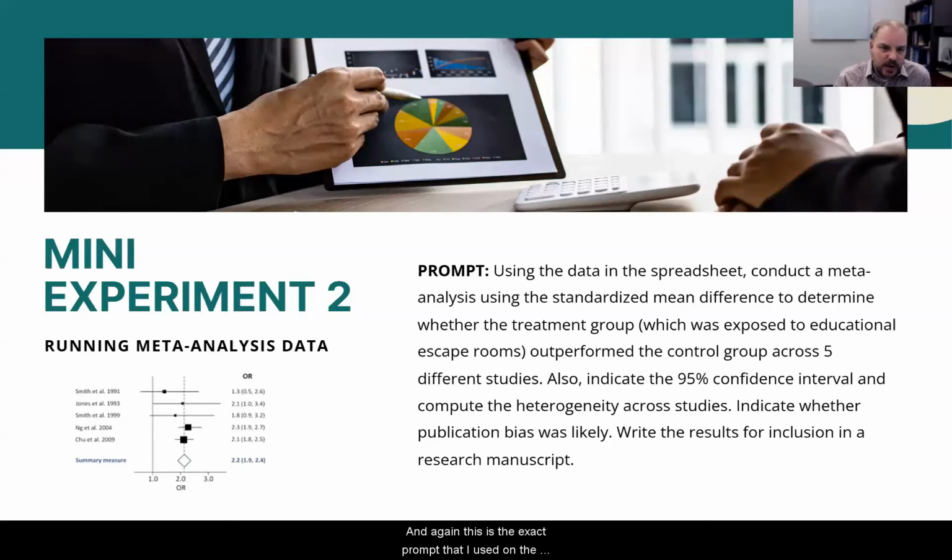And again, this is the exact prompt that I used on the screen. Again, I took this from the statistical analysis section that I had already written and just massaged it a little bit to make it more prompt-esque, if you will.